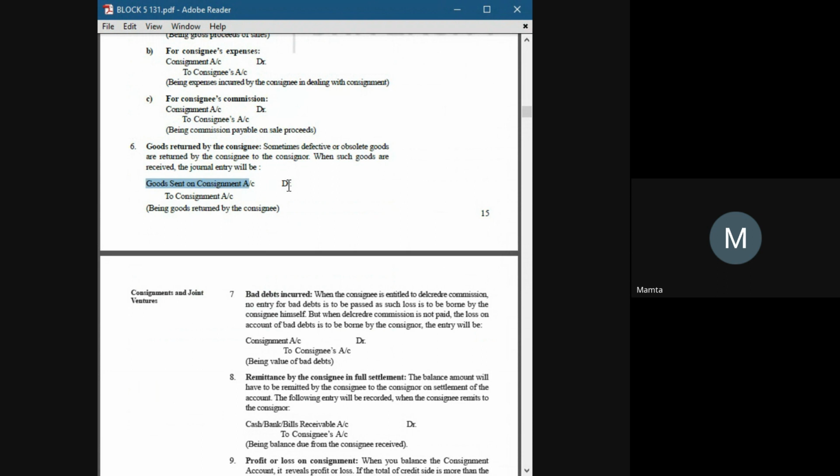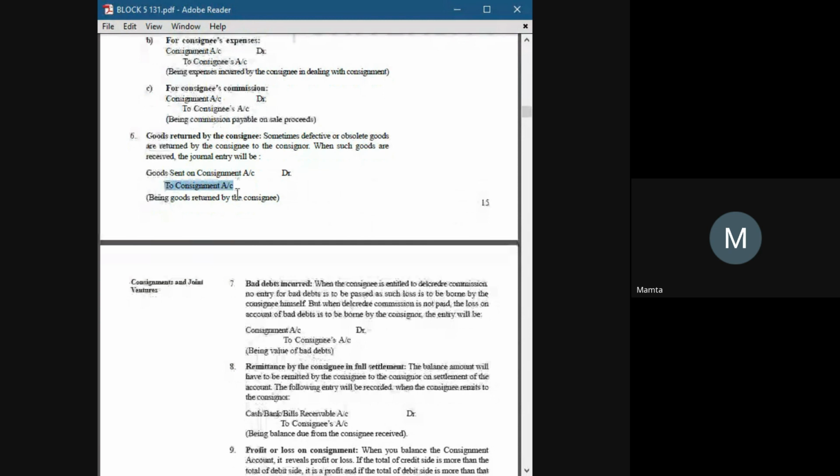When we sent the goods on consignment, we passed consignment account debit to goods sent on consignment account. Now we are getting some goods back in our firm, so we reverse this entry: goods sent on consignment account debit to consignment account.